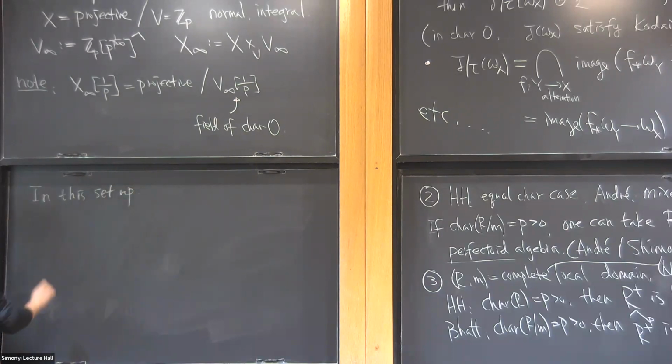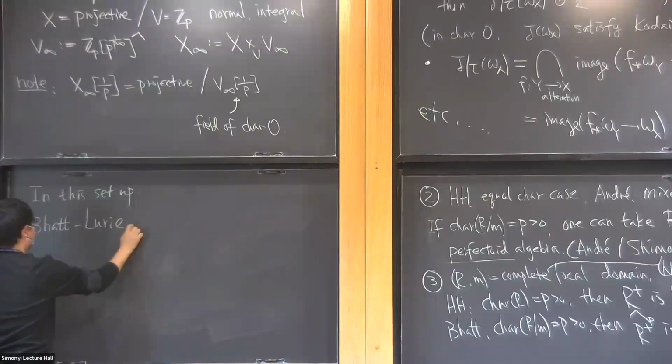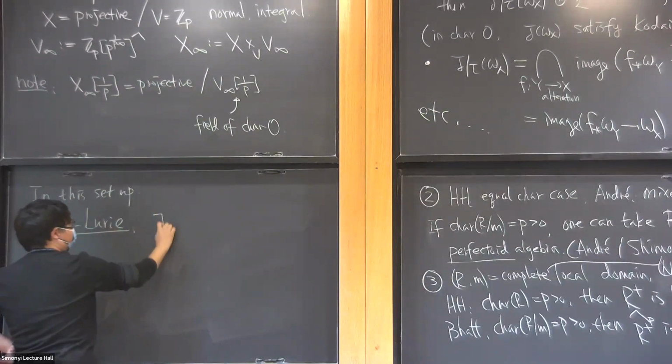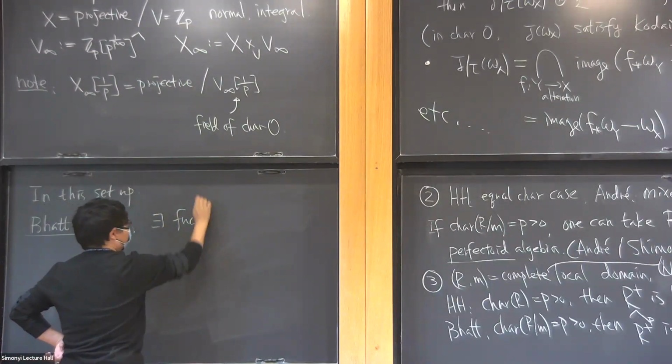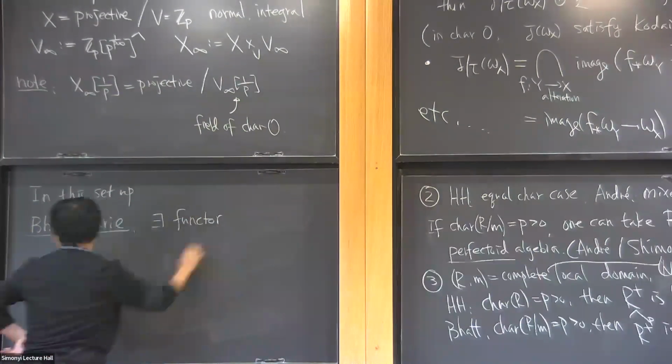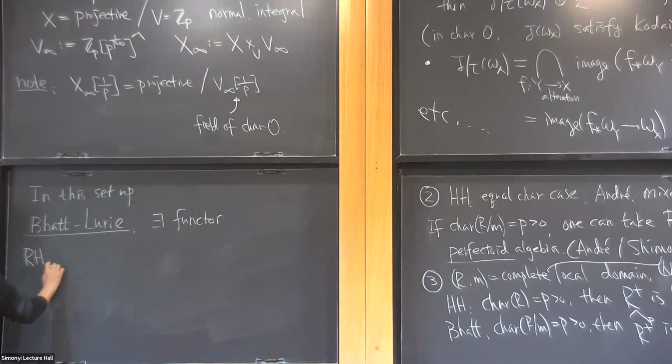Bhatt-Lurie told us that there exists a functor called the Riemann-Hilbert functor.